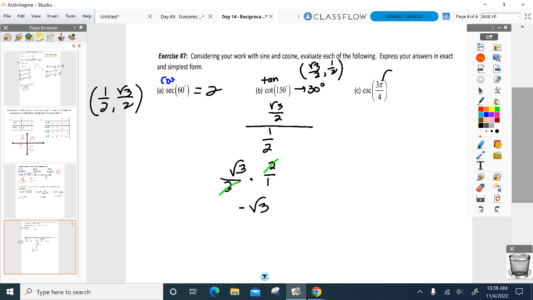135, right? Keep talking. 180 minus 135. Reference angle is 45. Radical 2 over 2, radical 2 over 2. Y. Sine, right? Cosecant and sine.